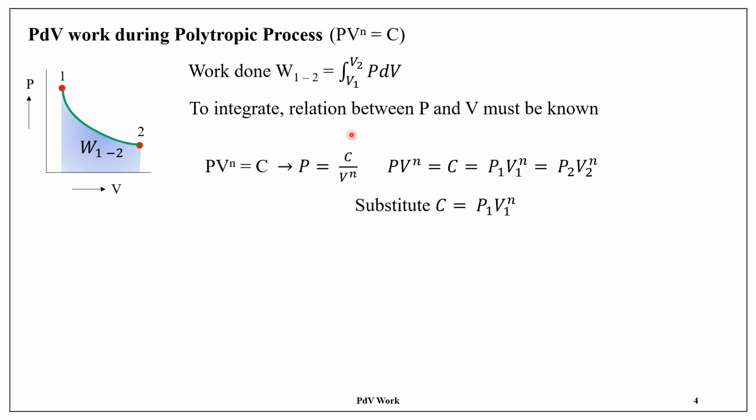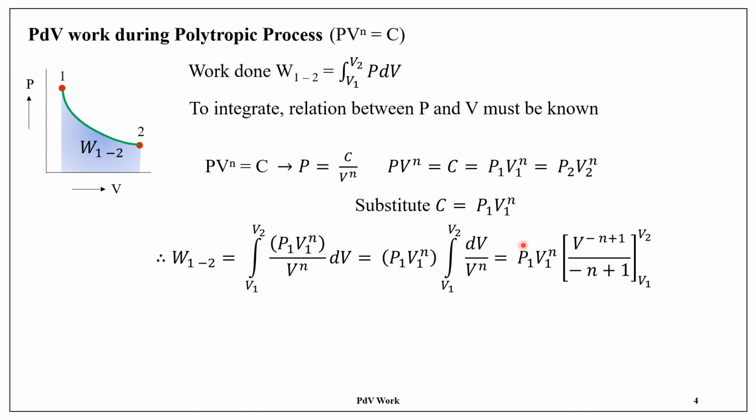Now, instead of this P, we can substitute C by V power n. And instead of this C, substitute P1 V1 power n. So that is what is given here.